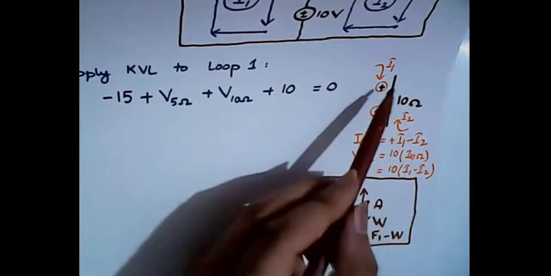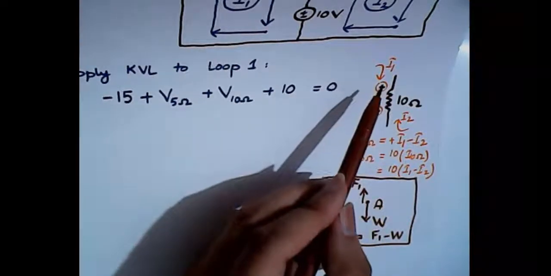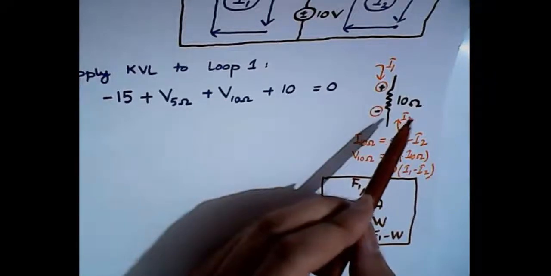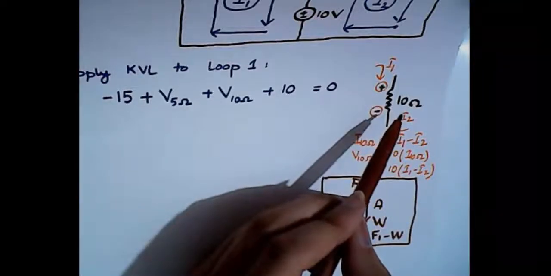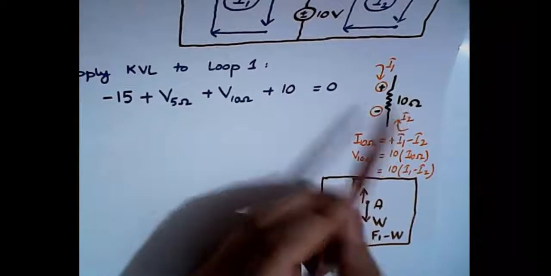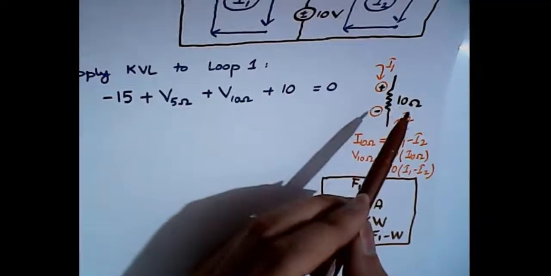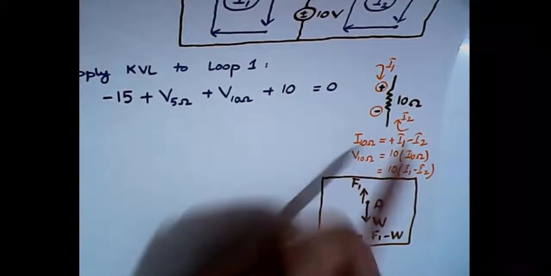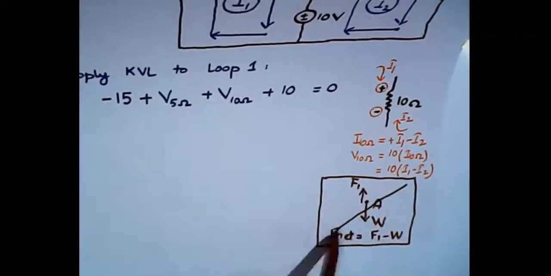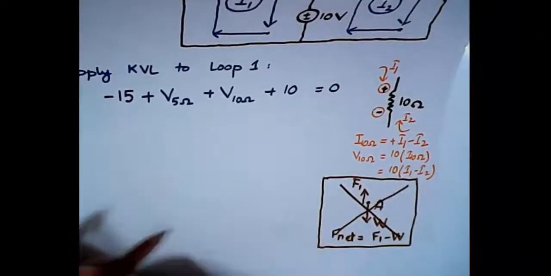Same is the case here: I1 current is entering the positive terminal, whereas I2 current is entering the negative terminal, which means these two are opposite in manner, so they will be subtracted in order to find the net current, right? I hope this is clear. So let's cross out this example.